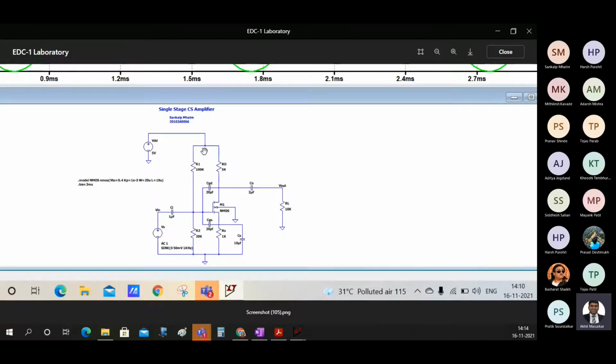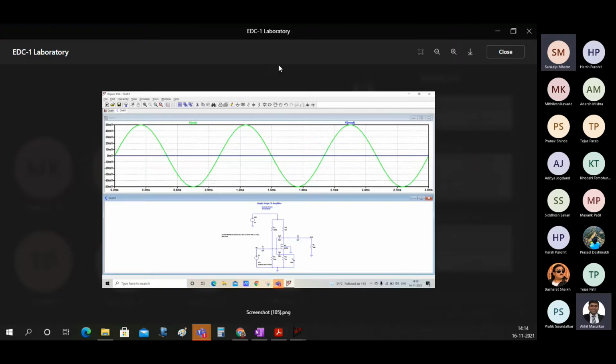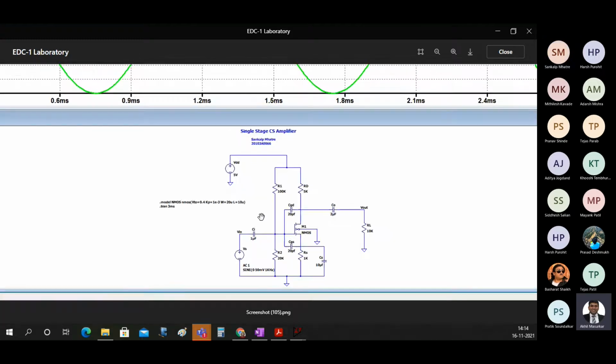See here and here, where this intersection point of RD, CGD and C0 is. When you don't see a dot like this, that means there is no connection. Okay, Sankalp, see here, you can see the intersection point of, can you see this part?